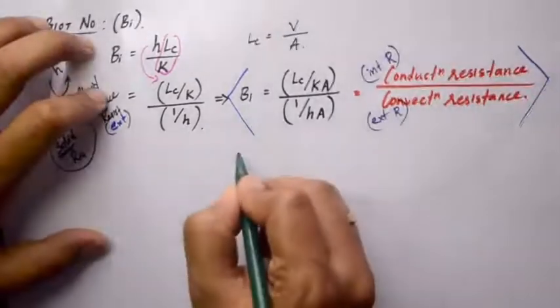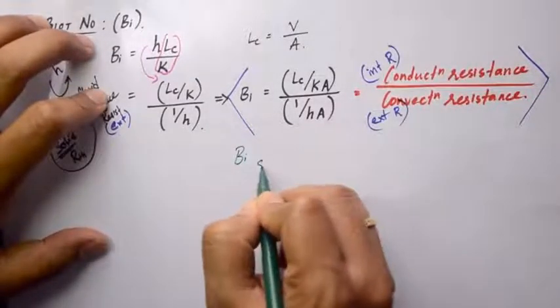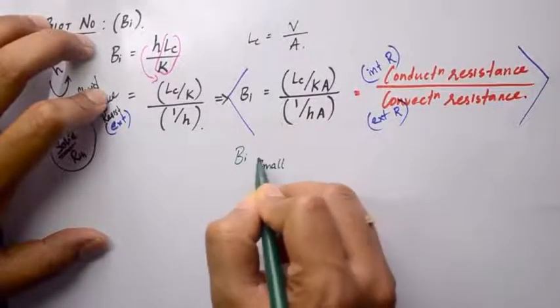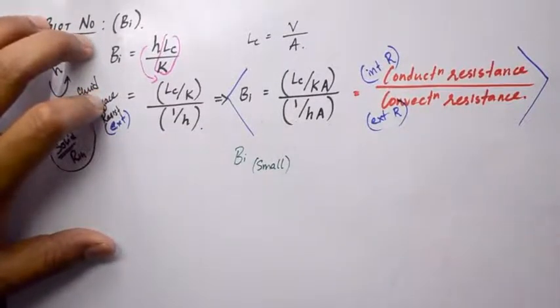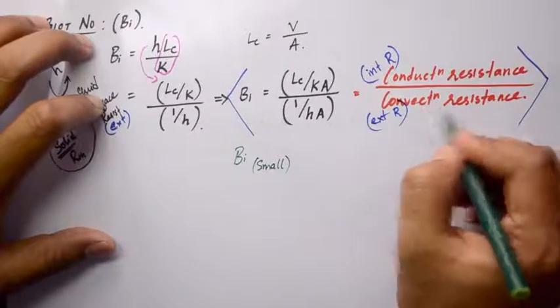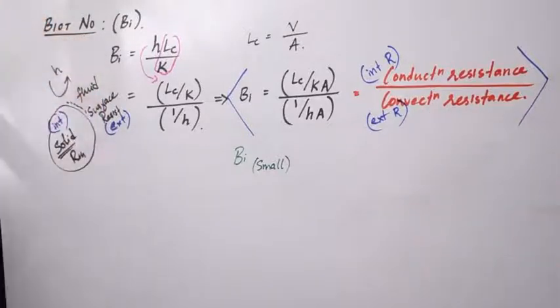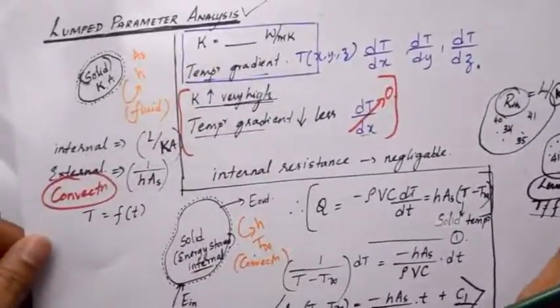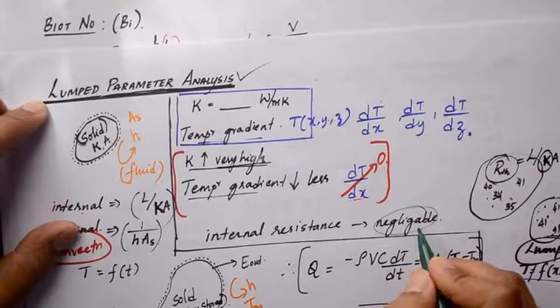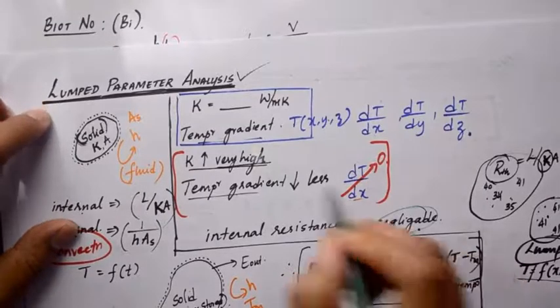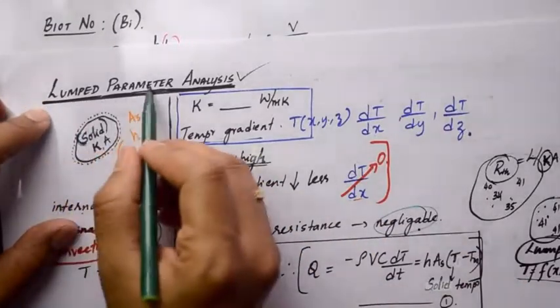Now, if the value of Bi comes as a very small number, the possibility is that either the conduction resistance is negligible or the convection resistance is maximum. As we discussed in the beginning of lumped parameter analysis, the internal resistance becomes negligible. Only when the internal resistance becomes negligible will we consider the analysis to be lumped parameter.